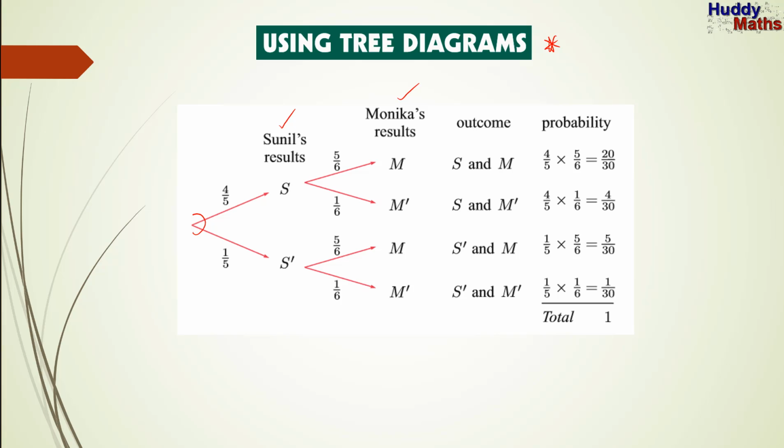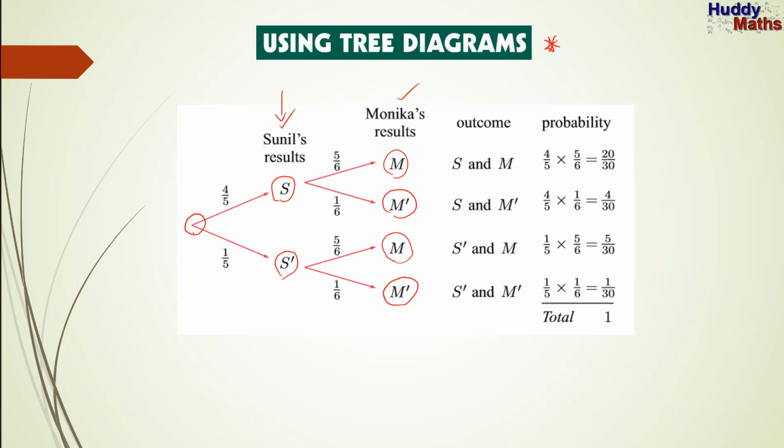So here, when we start firing at the target, the first two branches of the tree are one person's results. So that's Sunil hits, or Sunil misses. And then that could be put with a hit from Monica or a miss from Monica. And so could Sunil's miss be followed by a hit from Monica or a miss from Monica.